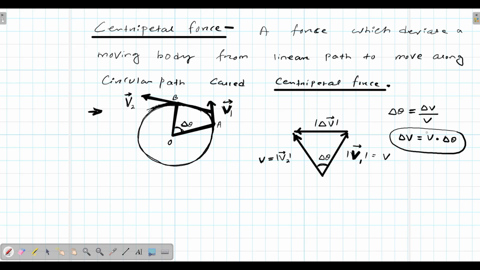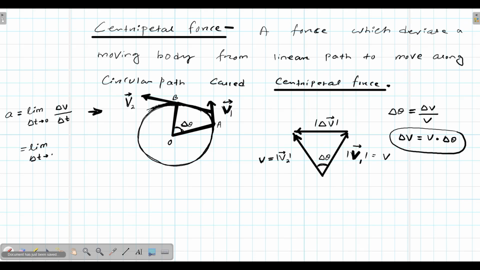A equals limit delta T tends to 0 of delta V divided by delta T. Delta V equals how much?